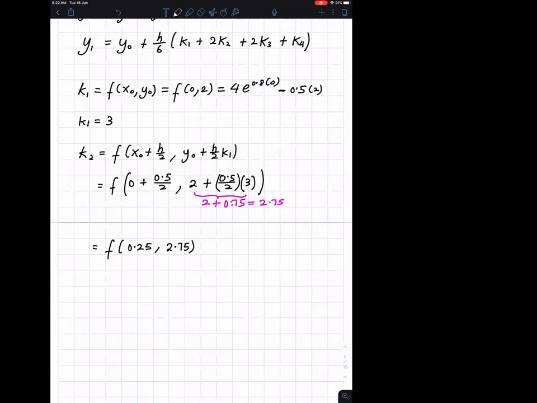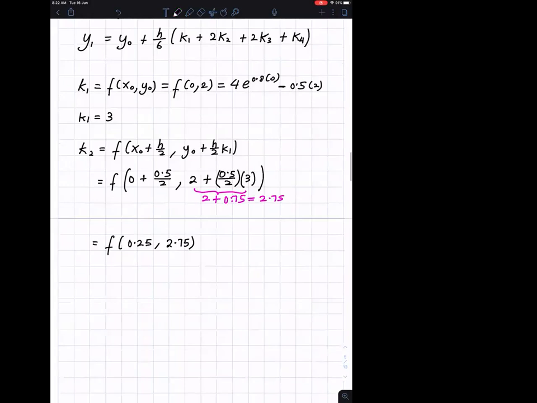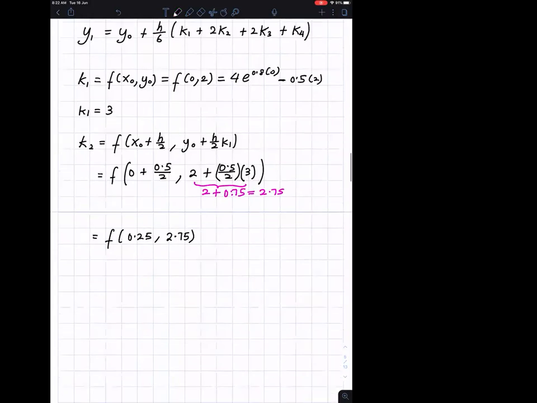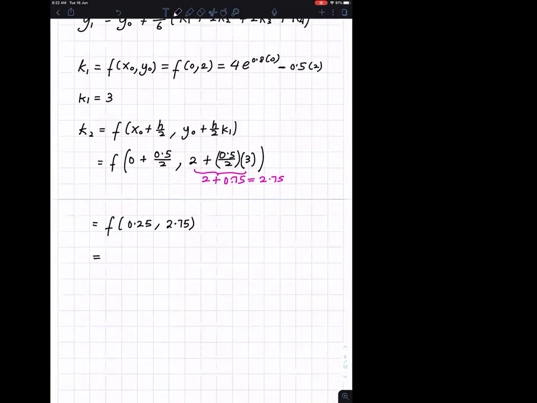Yes, sir. Okay, then you plug this value into the differential equation that was given to you.